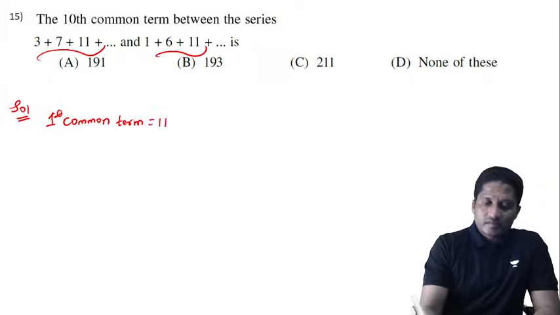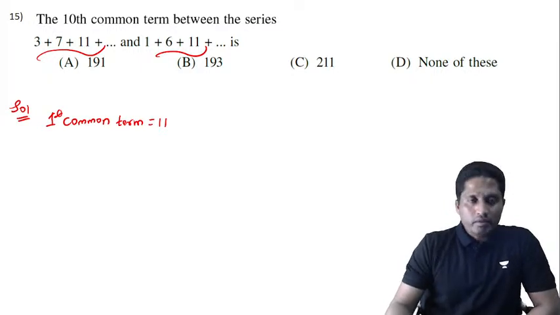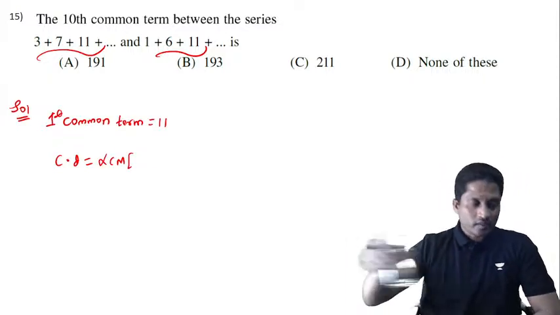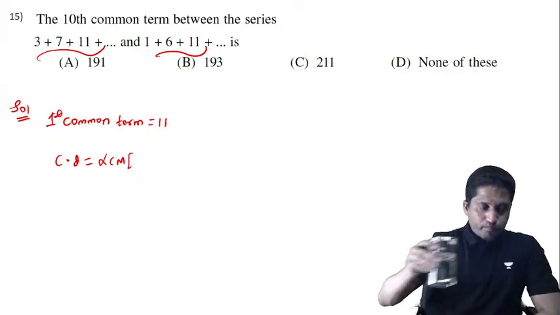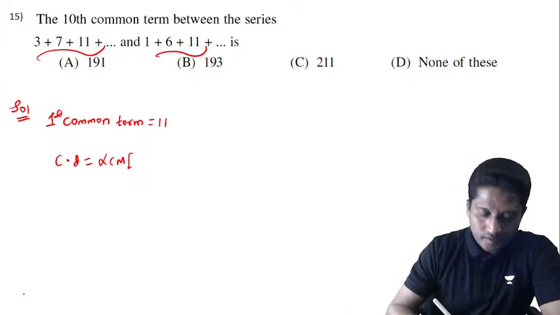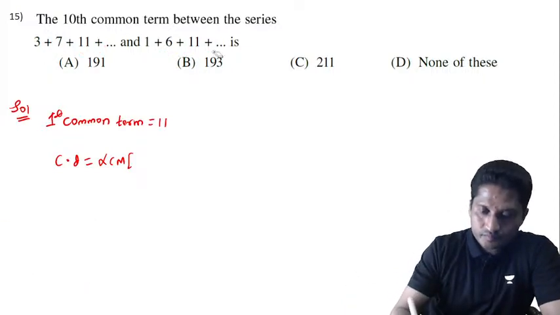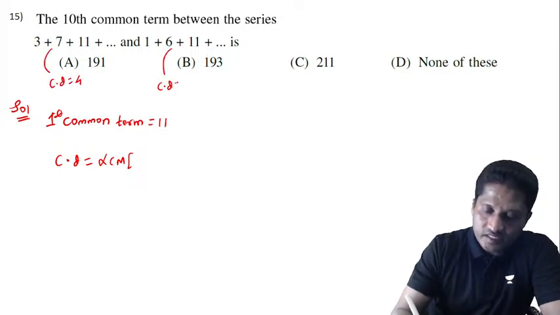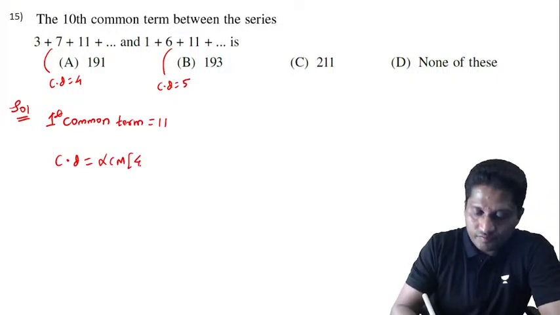If you want to find the second common term, directly you find the common difference, which is the LCM of the two common differences. If I take the first series, common difference is equal to 4. If I take the second series, common difference is equal to 5. LCM of 4 and 5 you take, which is equal to 20.